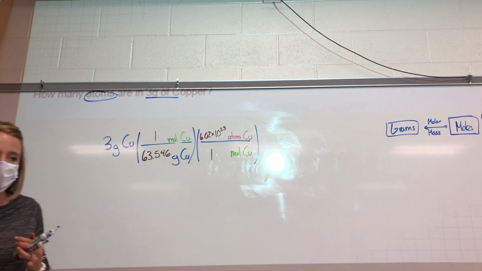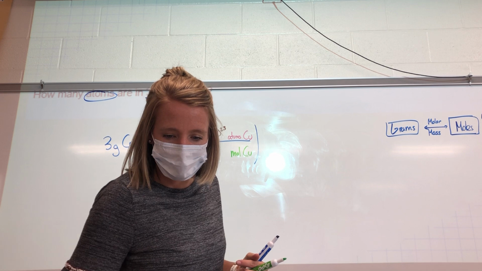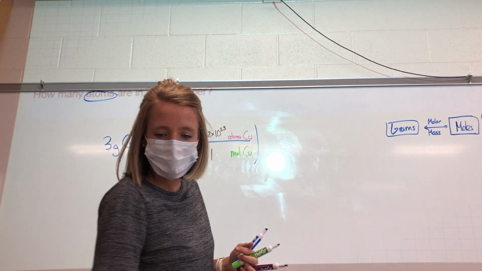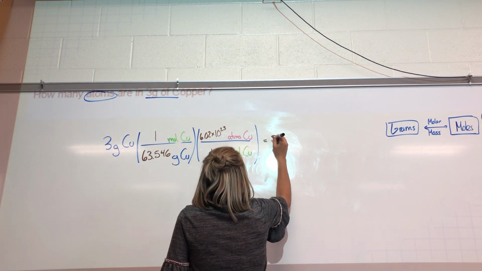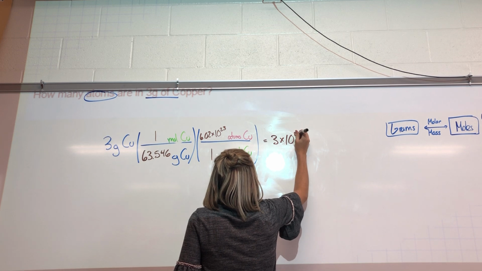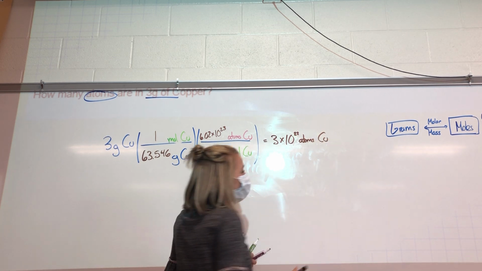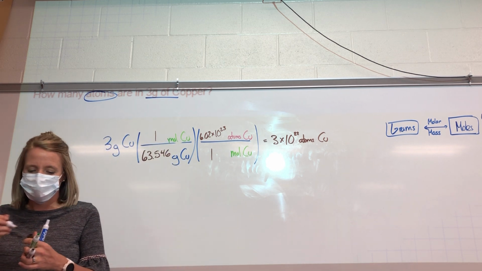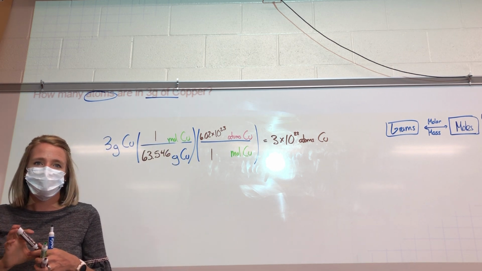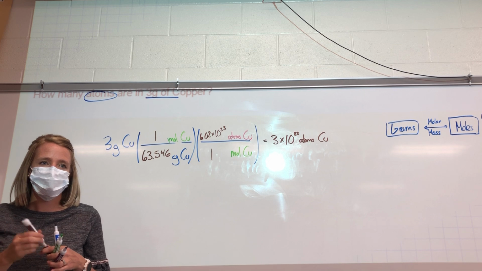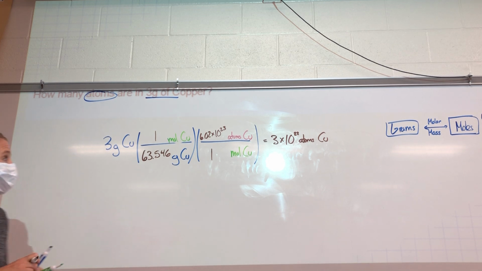Plug it all into your calculator. And I got 3 times 10 to the 22nd atoms of copper. So we're just multiplying it by 1 over and changing the units.